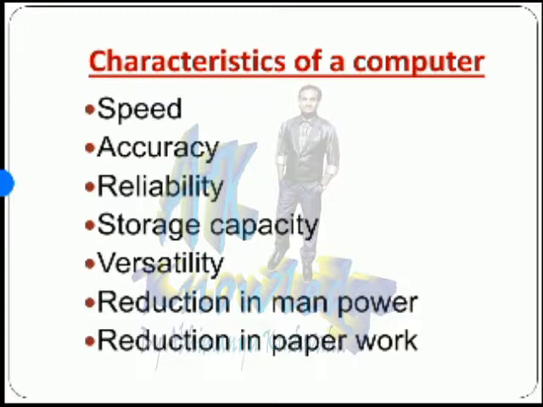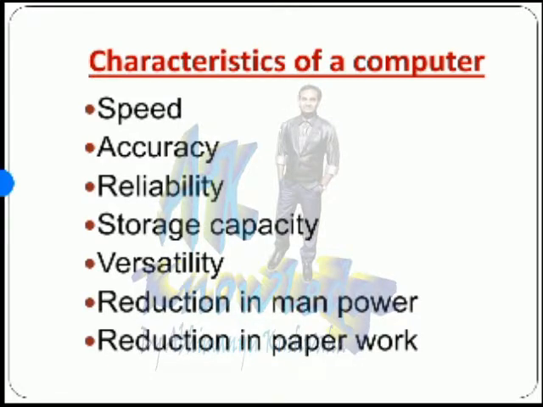Next point is storage capacity. Storage capacity, or we can also say memory. A computer can store a large amount of data in its memory in the form of documents, graphics, sound, etc. The data can be retrieved whenever required.